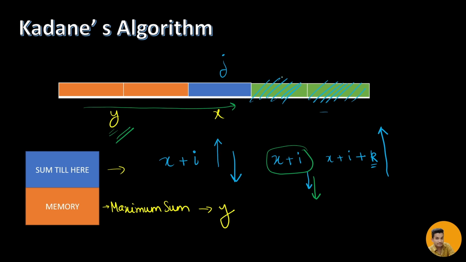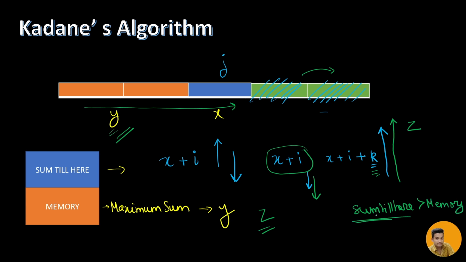But as soon as I move forward, I found k, and it pushed up our whole sum, let's call it z. So now our maximum sum would be not y but z, right? Because the sum till here exceeded our memory.